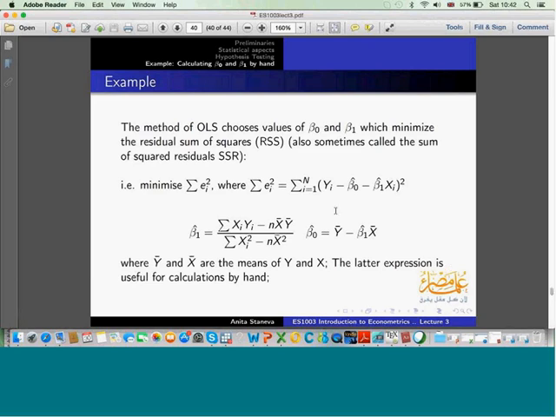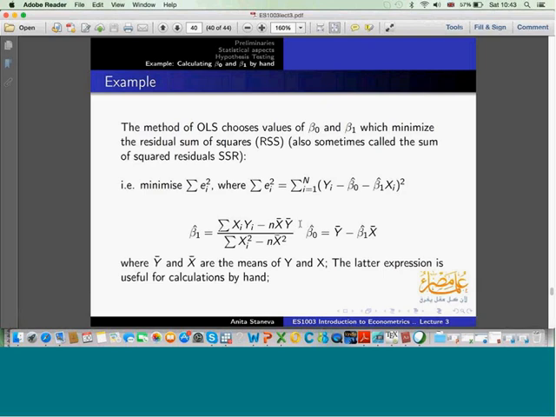So the formula that we use was given as the sum of the squared error terms, defined as the sum of y minus beta 0 hat minus beta 1 hat times x, to the power of 2.